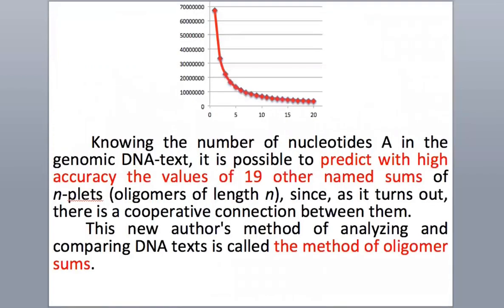Knowing the number of nucleotides A in the genomic DNA text, it is possible to predict with high accuracy the values of 19 other named sums of n-plets, oligomers of length n, since, as it turns out, there is a cooperative connection between them. This new author's method of analyzing and comparing DNA text is called the method of oligomer sums.